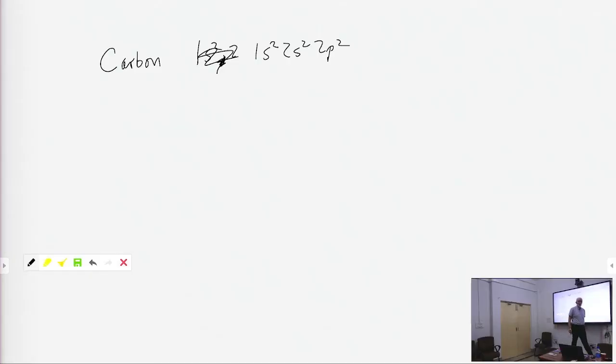The configuration of ground state carbon is 1s squared, 2s squared, 2p squared.